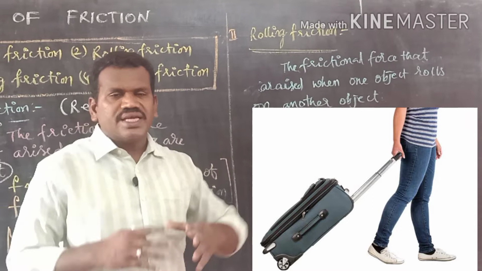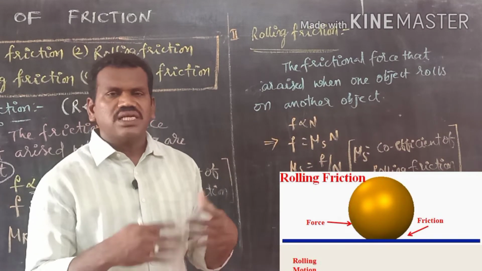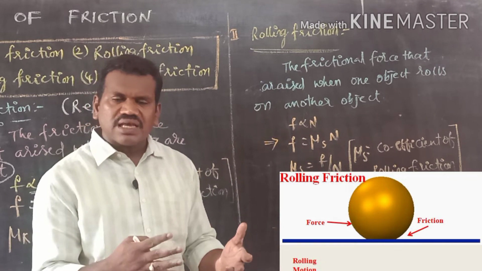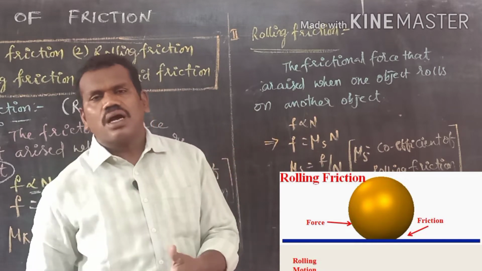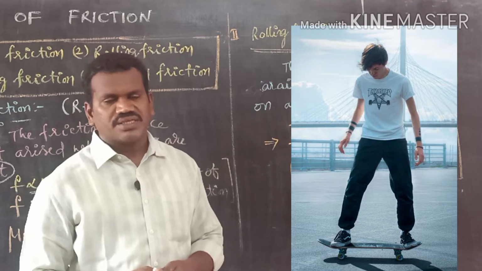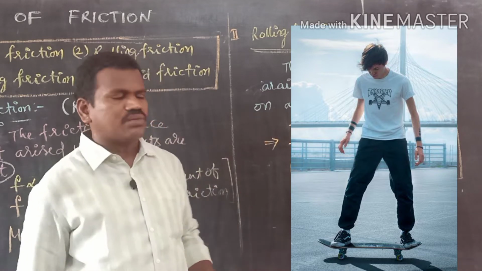For example, a cylinder is there. If you push the cylinder on the ground, the cylinder will roll on the ground. At that time the friction present between the surface of the cylinder and the ground surface is called rolling friction.